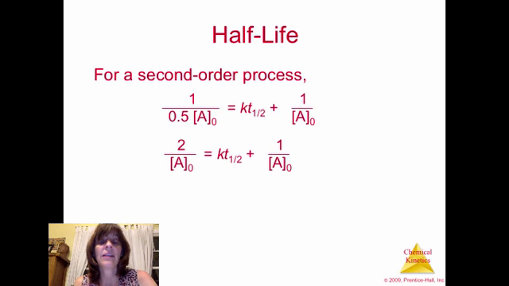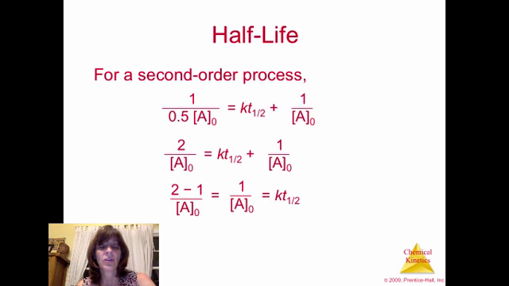For a second-order process, do a similar substitution for the original concentration. For the concentration at time t, substitute 0.5 times the original. Rearrange so that if you take 1 divided by 0.5, you get 2. And that's going to equal k times t 1/2 plus 1 over the original.